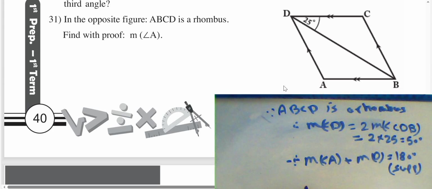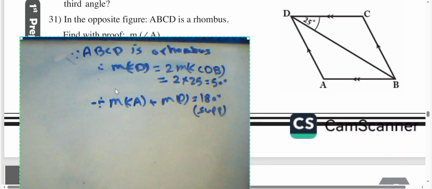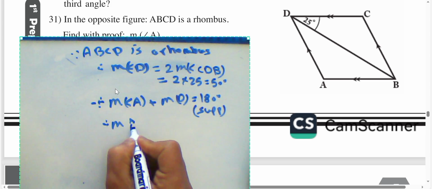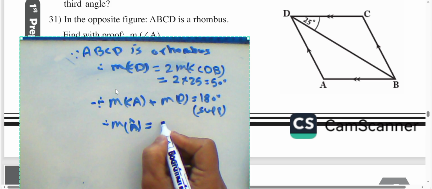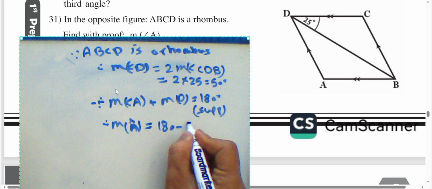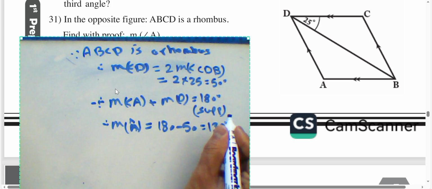Okay, A and D sum to 180. Then the measure of angle A equals 180 minus 50 equals 130 degrees.